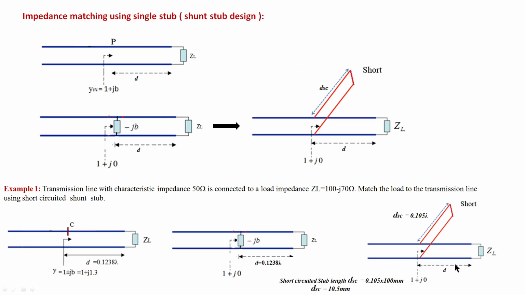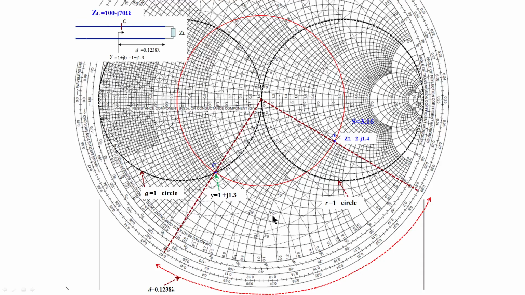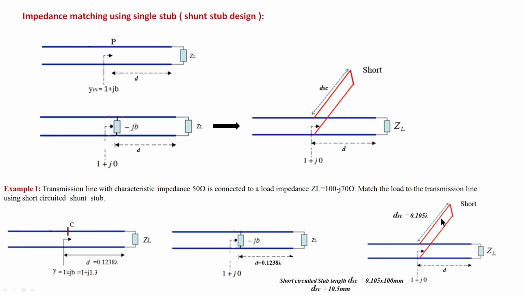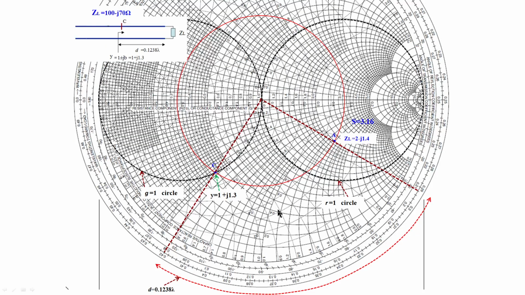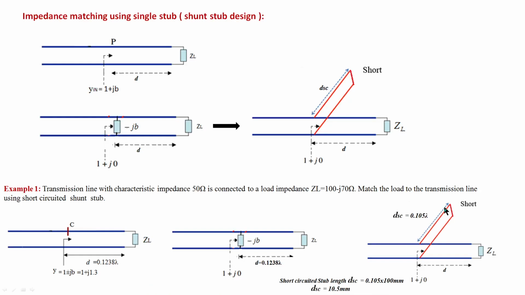Starting from the short point, you keep moving until minus 1.3 comes. Here you stop. Note down the distance. That is this length, DSE. I got 10.5 mm or 0.105 lambda. So like this, see this length.